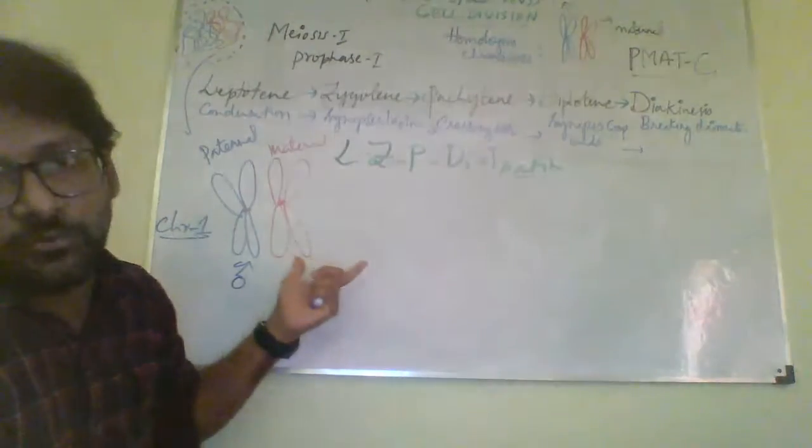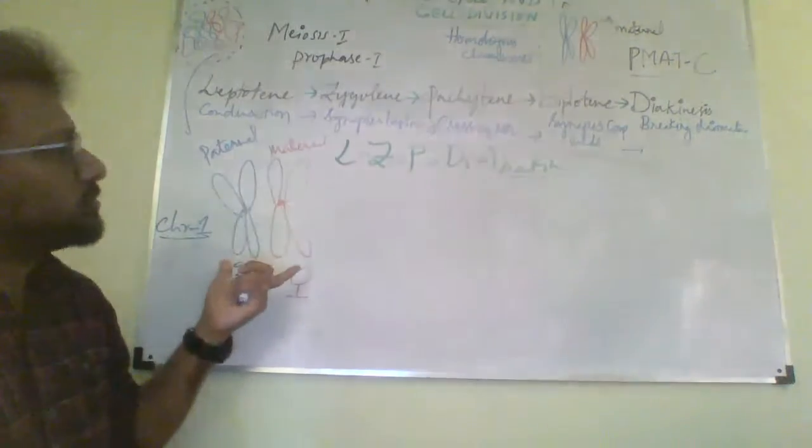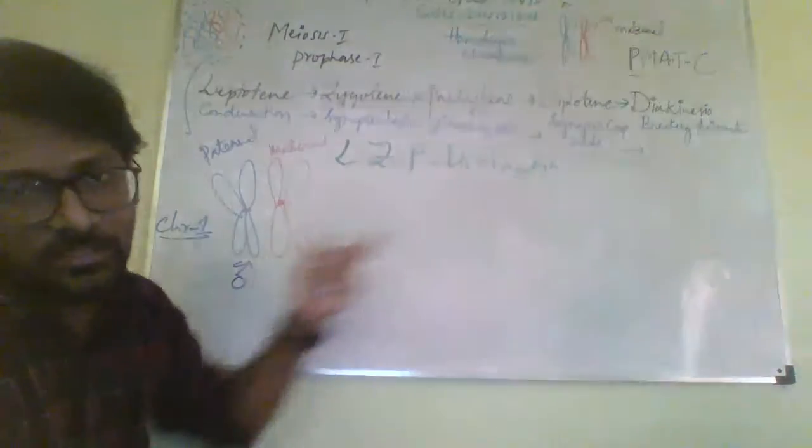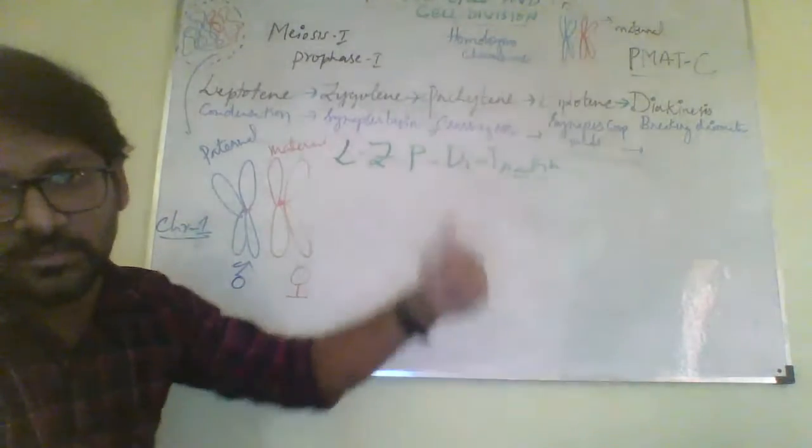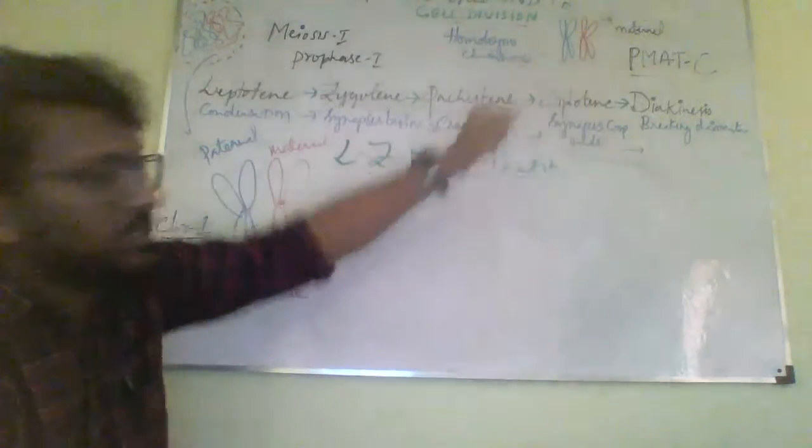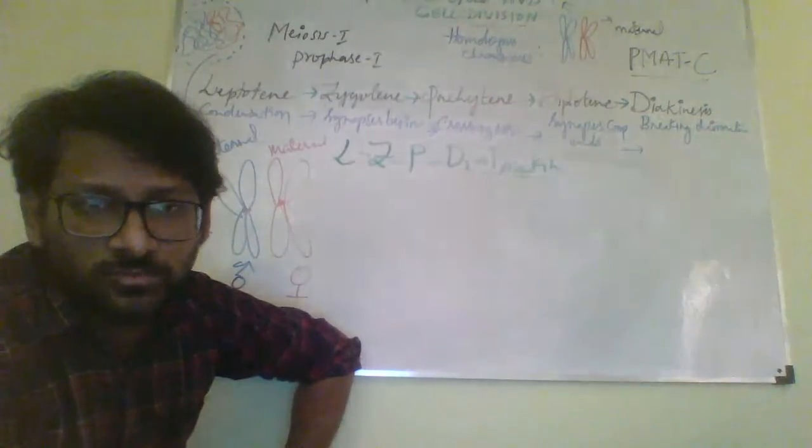So during leptotene, condensation of the chromosomes takes place because it needs to undergo this exchange of genetic material, and then it needs to enter into meiosis 1, right?